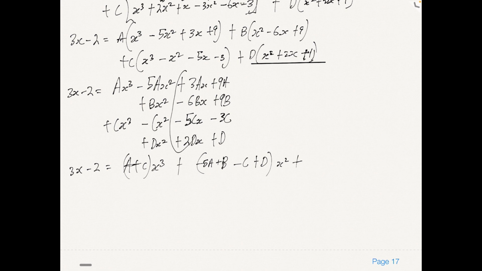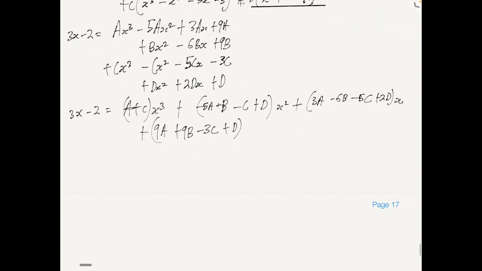So we have 3a minus 6b minus 5c plus 2d, all into x, and finally our constant term, that will give us plus 9a plus 9b minus 3c plus d.